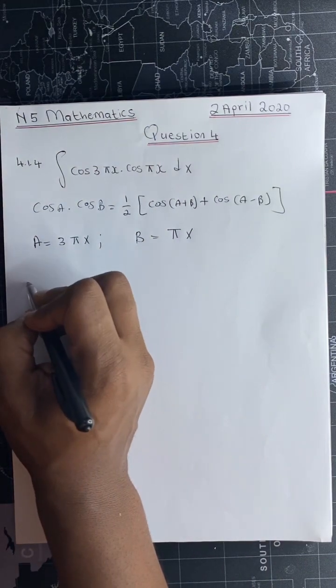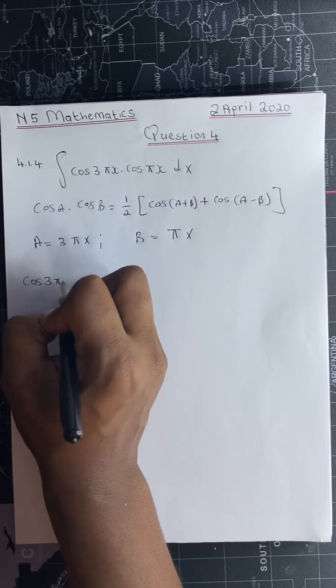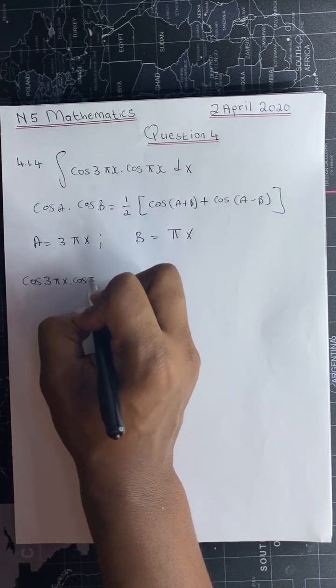So we have cos of 3 pi x multiplied by cos of pi x.